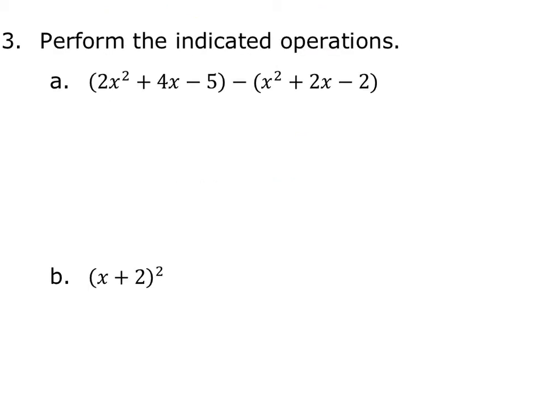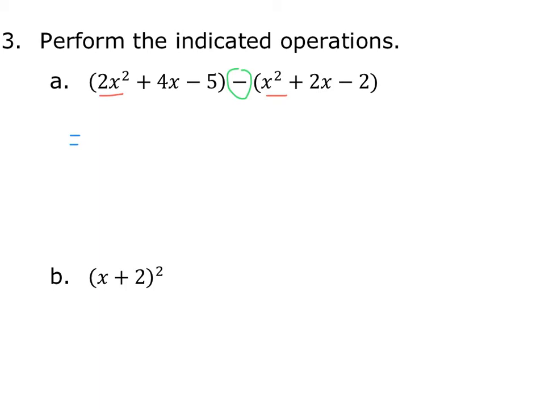Now we want to perform the indicated operation. So the operation that we've got for these two polynomials is subtraction. So we want to combine like terms. We want to combine terms that have the same degree with subtraction. So we've got x squared terms in both of these polynomials.